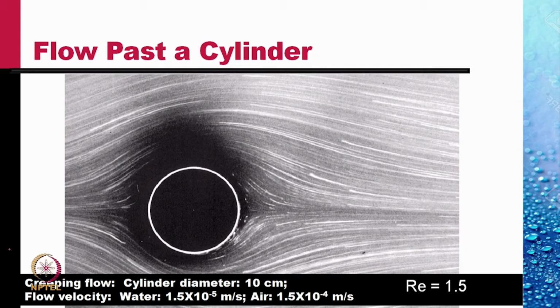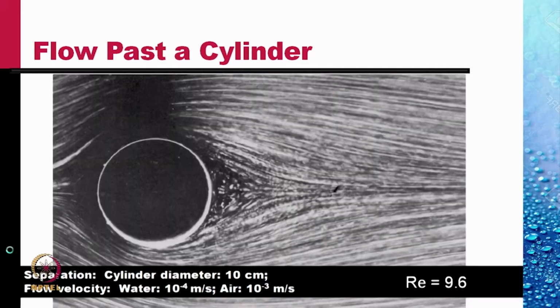There is a stretching of the flow towards the right. This asymmetry is a common phenomenon. As we increase the flow speed by another factor of 10, you could see the asymmetry more pronounced.